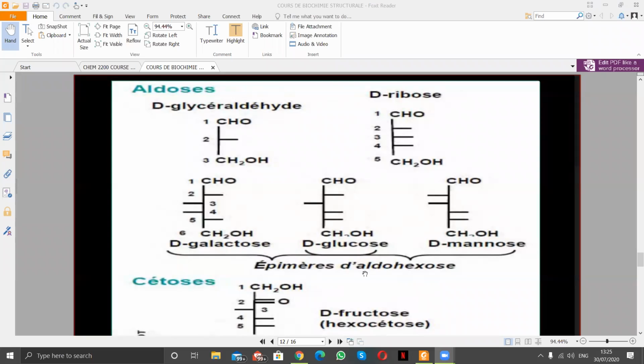I wanted to talk about epimers and the likes, but you need to have a background of stereochemistry. So I have to give you guys a little background of stereochemistry. Then that's when you'll be able to understand what an epimer is. Are we together?